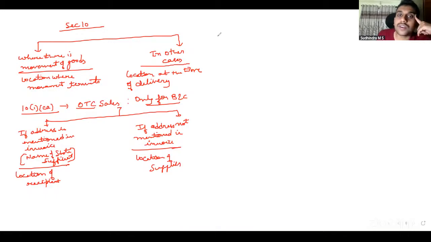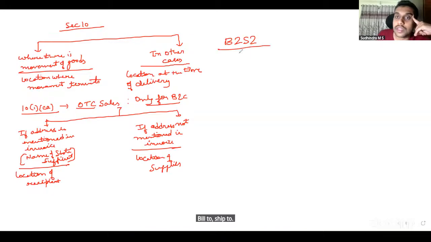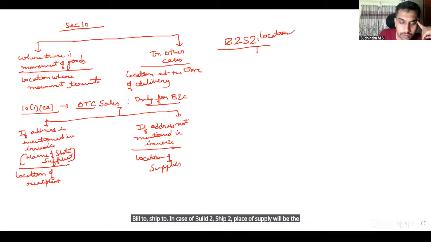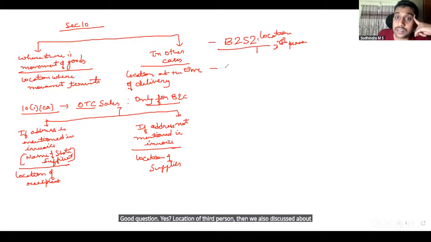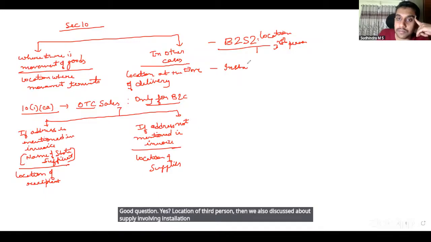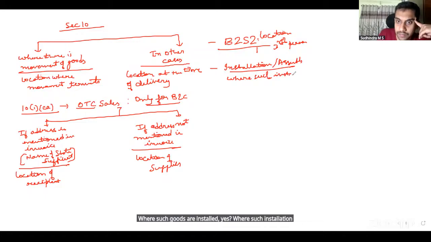Then we discussed 10(1)(b), bill to ship to. In case of bill to ship to, place of supply will be the location of the third person. Then we also discussed supply involving installation or assembly, where such installation or assembling is done.